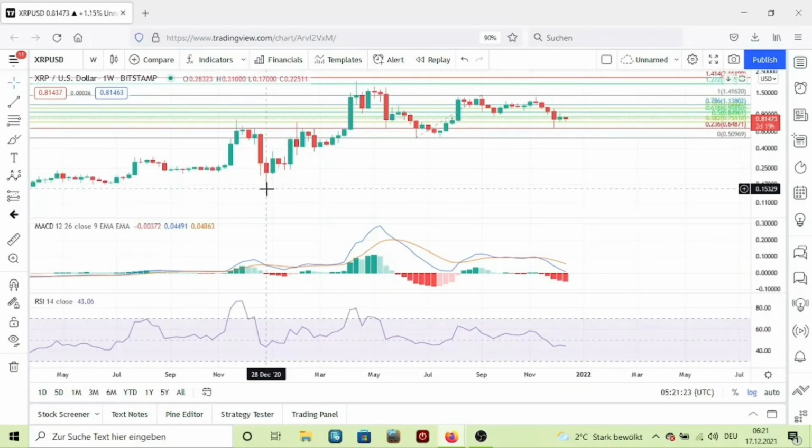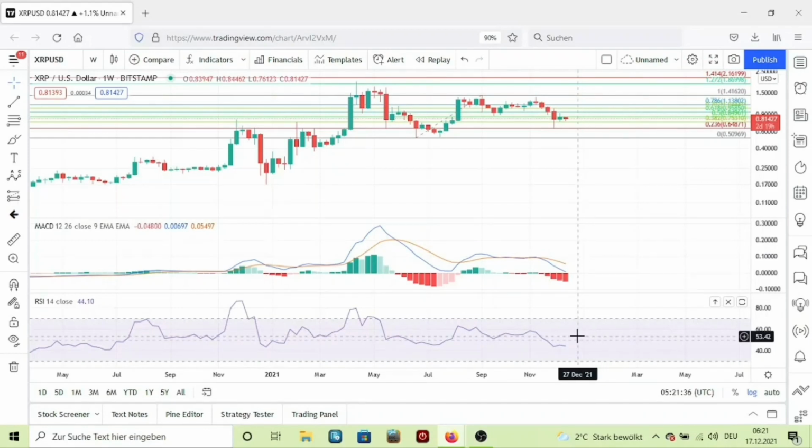So we can see that on this candle here we had a RSI on the weekly of 43. Right now we are at 44. So here it was also at 43. So on the big drop we had a similar RSI level on the weekly like during the SEC drop.